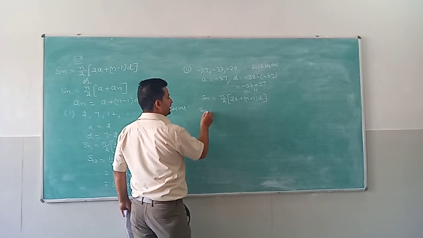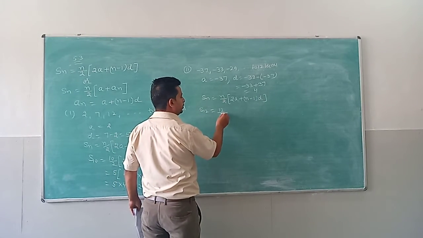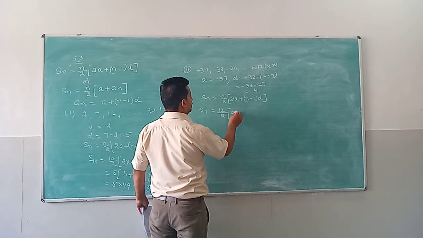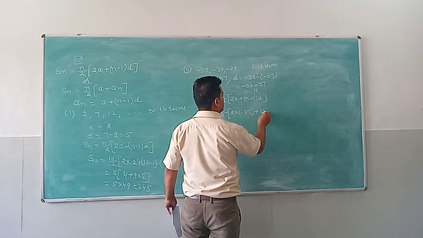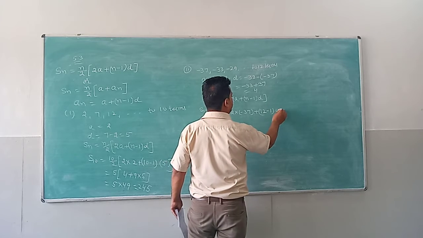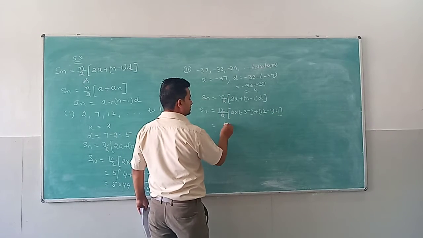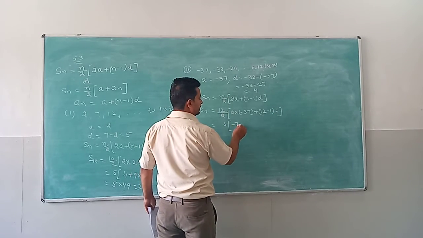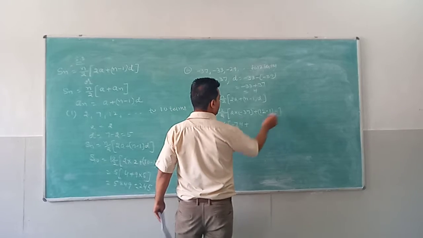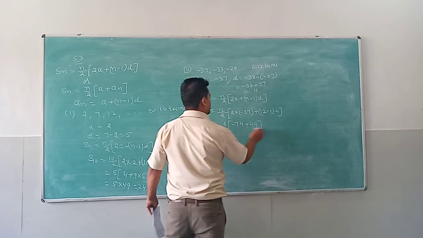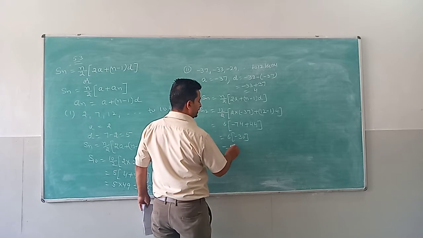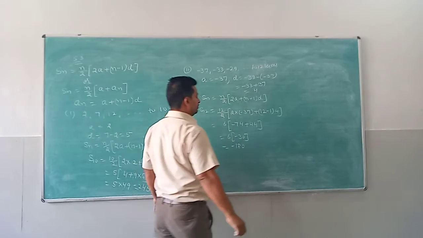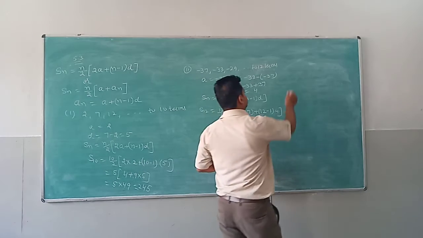So the sum of 12 terms is 12 upon 2. The value of a is minus 37, n is 12, and the value of d is 4. So this cancels out as 6, into minus 74 plus 11 into 4, 44. So this is 6 into minus 30. So minus 180 is the sum of this AP.